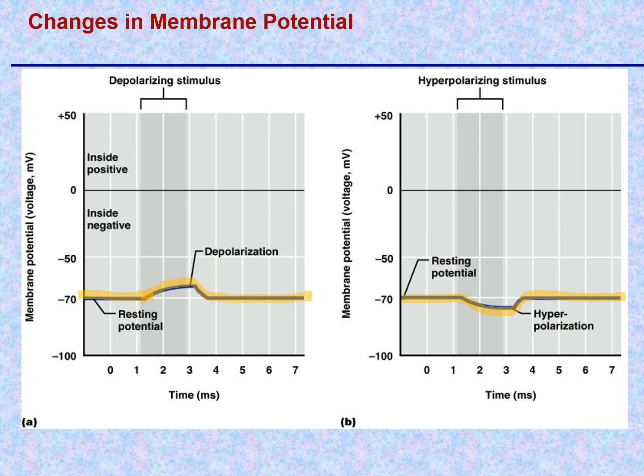This hyperpolarization is in the opposite direction from where the threshold is, which is higher up, more towards the positive, and so this would be inhibitory. This hyperpolarizing stimulus would make it less likely for the neuron to reach threshold and generate an action potential, and therefore it's an inhibitory kind of signal. Whereas a depolarizing signal, a little upward movement, is potentially activating, although you would need it to be much bigger to actually hit the threshold and trigger a response.